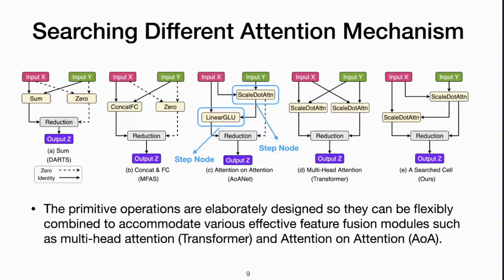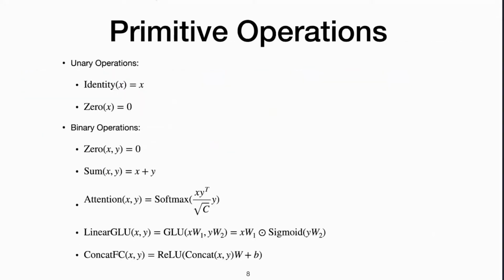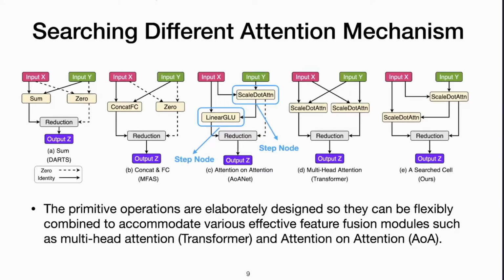And here we demonstrate a figure to show how these primitive operations can be formulated into these different fusion mechanisms by just using two step nodes. And by adding more step nodes, there will be a very large space for the framework to explore better operations.